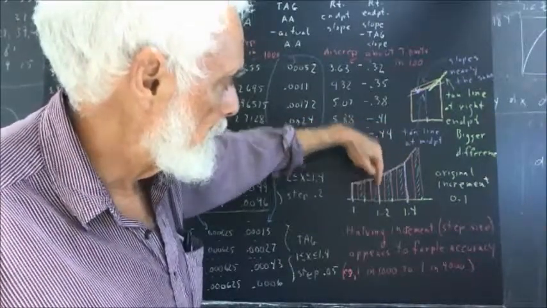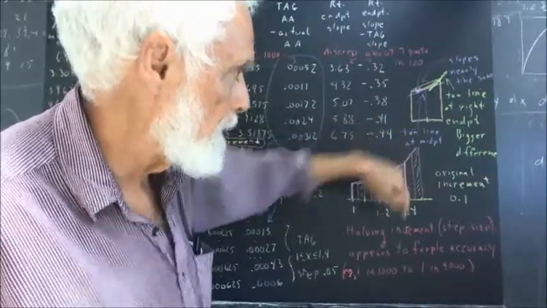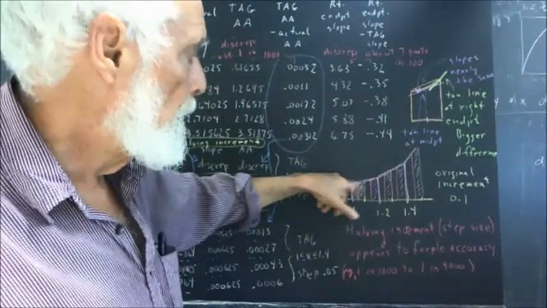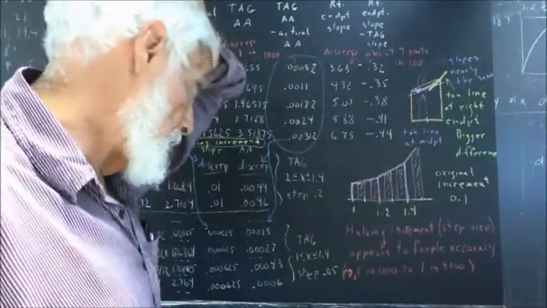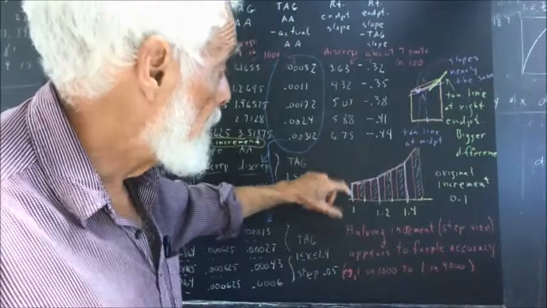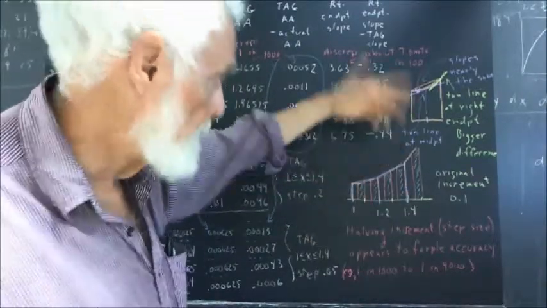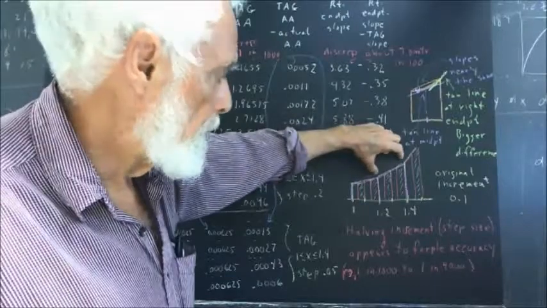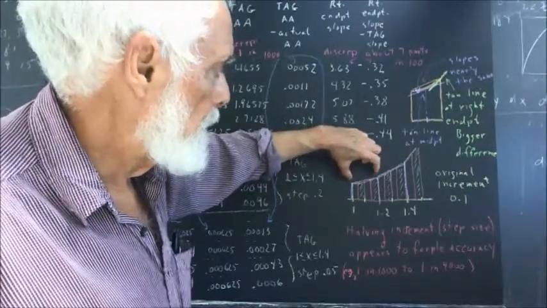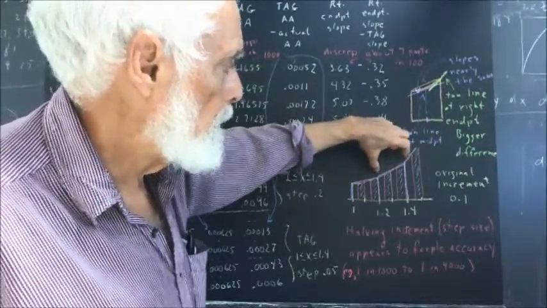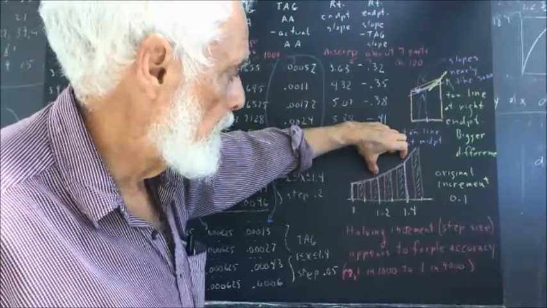And you can kind of see there's still some purple left in this line and this line. Now that got somewhat obliterated when I cut the slopes in half. But if you just take the original graph, which was in yellow, and you can't really see it, but it had increments of 0.1, and double the increment, we get a trapezoid from 1 to 1.2, a trapezoid from 1.2 to 1.4.